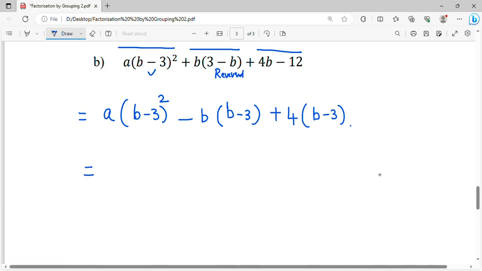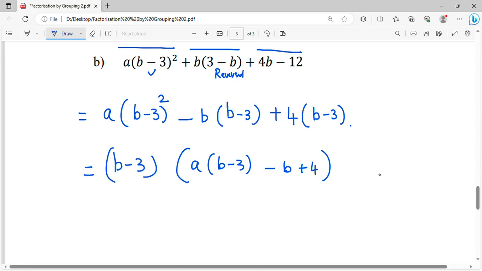Throughout you will see b minus 3 is common. So (b minus 3) times [a(b minus 3) minus b plus 4]. I need to do some simplification here. So (b minus 3) bracket (ab minus 3a minus b plus 4).